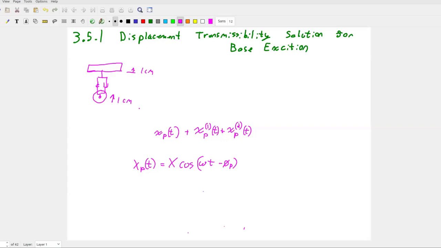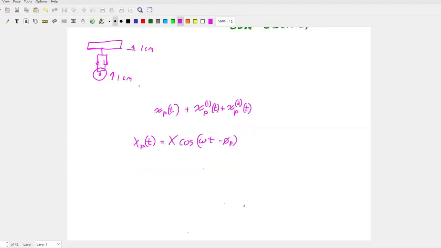So for a base excitation system, right, we can convert that expression a little bit because I also have a phi now in my base. So I'm going to convert that to x of p of t is equal to capital X cosine of omega b, so that's the frequency of my base, multiplied by my time minus phi subscript 1, because it's going to be the first part of my particular solution.